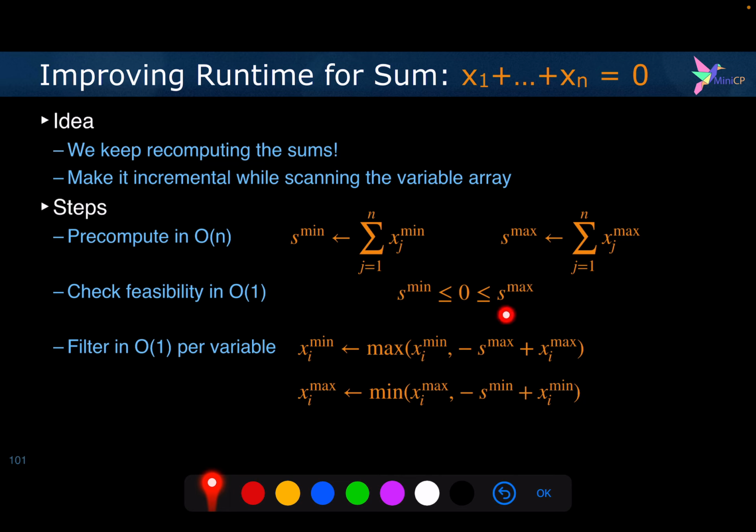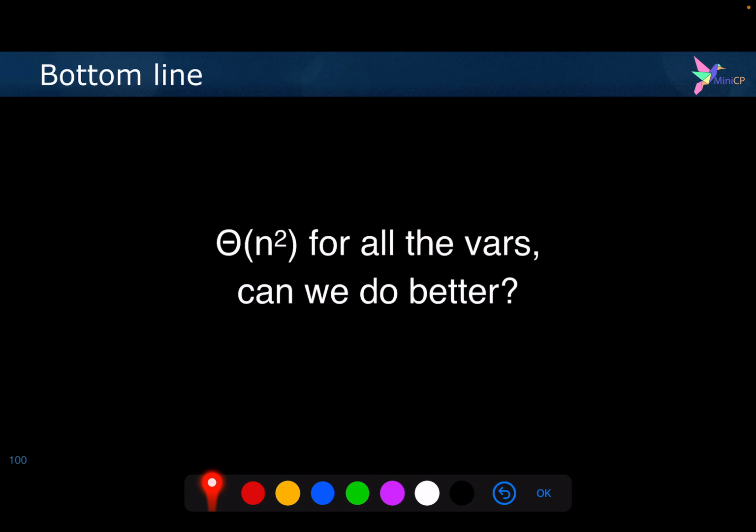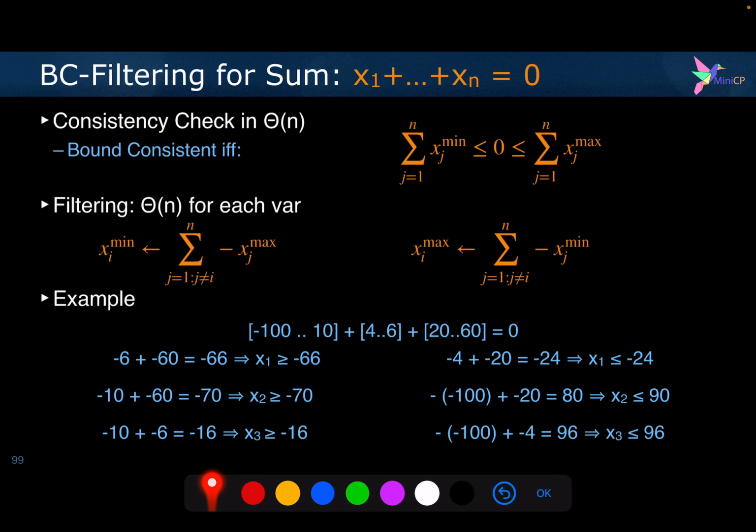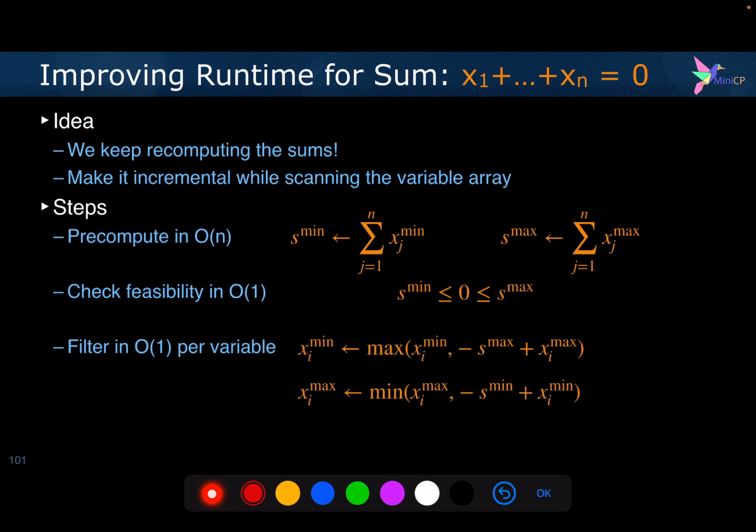Why am I adding back xi max? Because if you remember the previous slide, I need to take the sum over all the variables except xi, because this is the one that I'm filtering. So to cancel the contribution of the variable i to this smax, I just add it back here, and I do the same here.